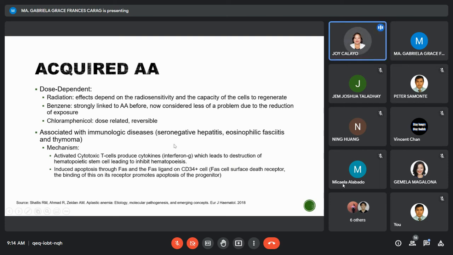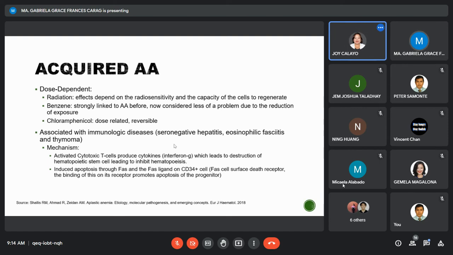Ma'am, you just look it up, okay, so that we can be further clarified on why aplastic anemia becomes apparent with these three different immunologic diseases. So we need to find the connection, although you've already provided some information about the destruction of the HSC.